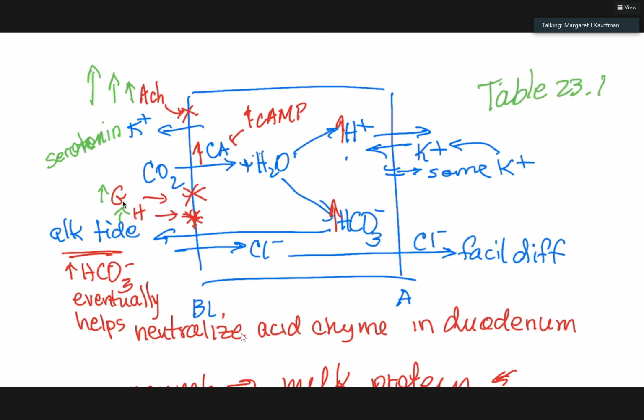So we've only talked about stimulatory. We haven't talked about inhibitory on this side of it. So given that it is parasympathetic that stimulates, what would inhibit would be an increase in sympathetic.